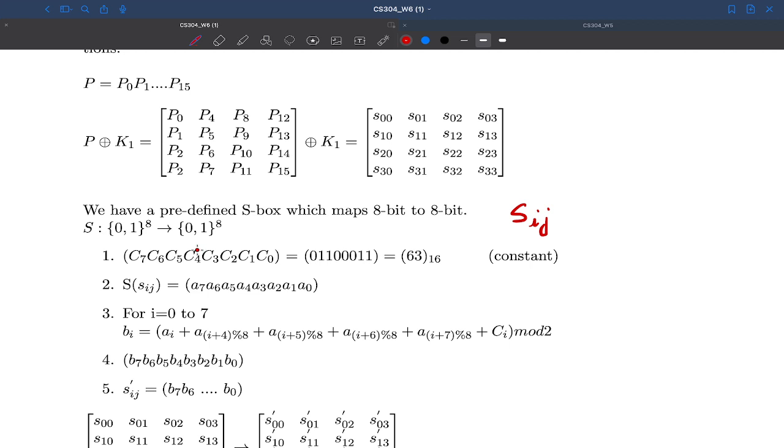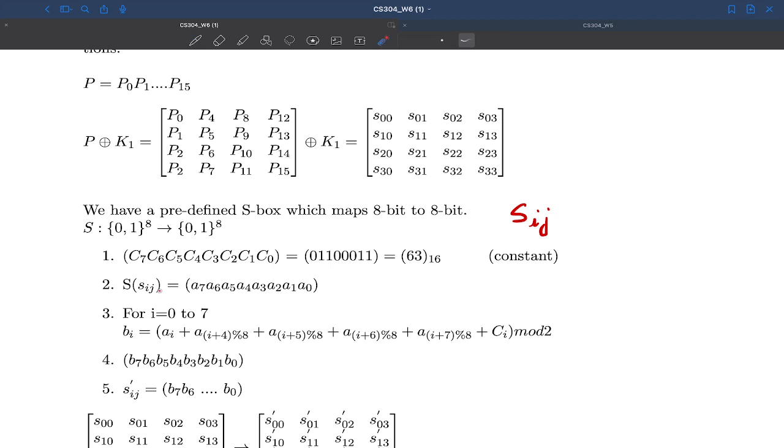Let's say I took any general Sij entry or cell from my matrix, and I'm applying these 5 steps on it. So basically the first step is nothing but declaring the constant. I have declared this constant, and every time we take this constant only, which is fixed for the sub-byte. If you modify this, you will get a different algorithm that will not be called AES. Okay.